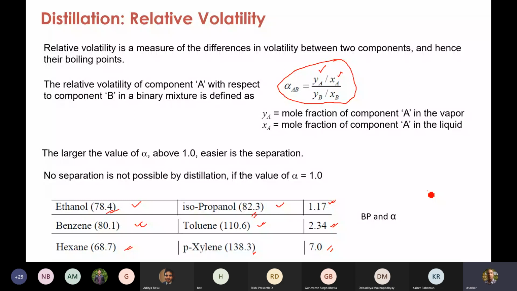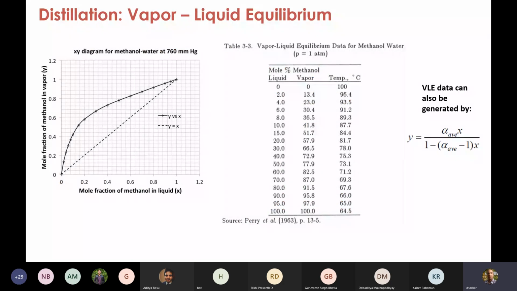The knowledge of relative volatility is important for distillation. You also need information on the vapor liquid equilibrium for the system. For the binary mixture you are separating, you need to know the vapor liquid equilibrium.